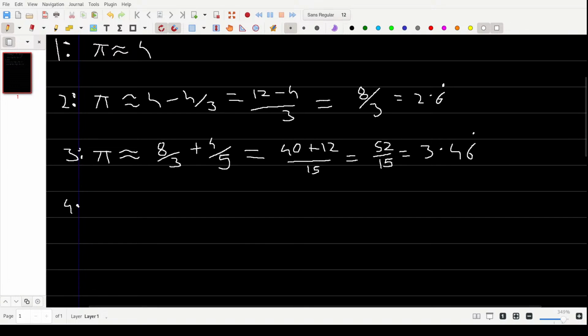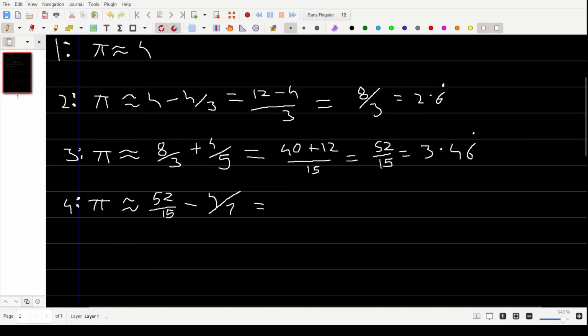Fourth approximation. Pi is approximately equal to 52 over 15 minus 4 over 7 equals, how do I do this?